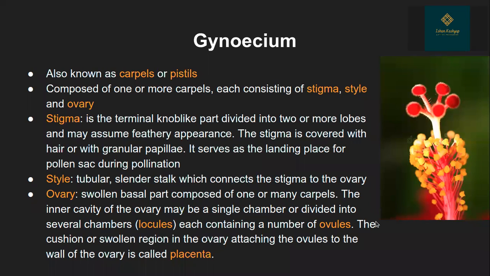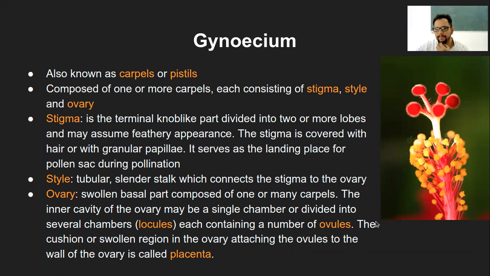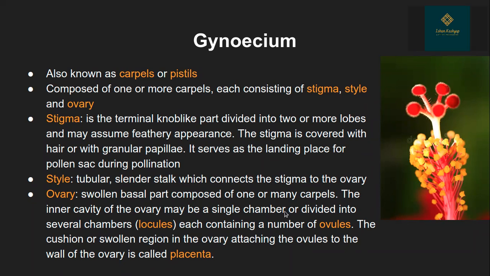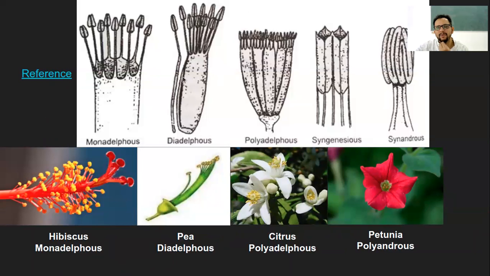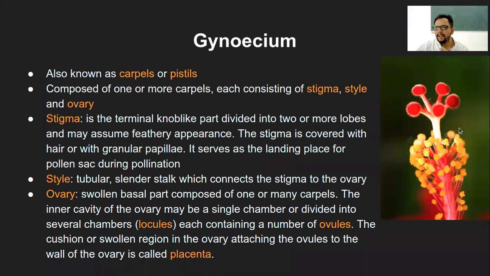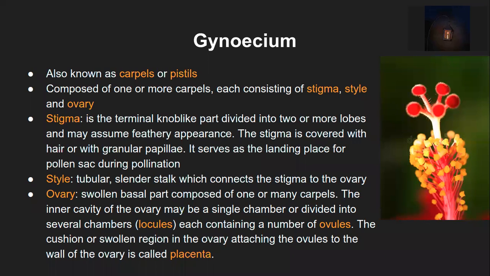So many carpels can share the same style. It's the same here also. Like we had stamens fused or anthers fused, in this case these styles can be fused together as one single tube. But can one flower have more than one ovary?